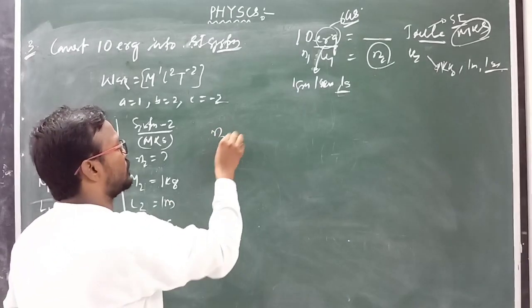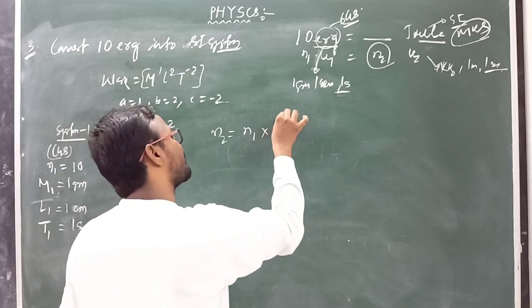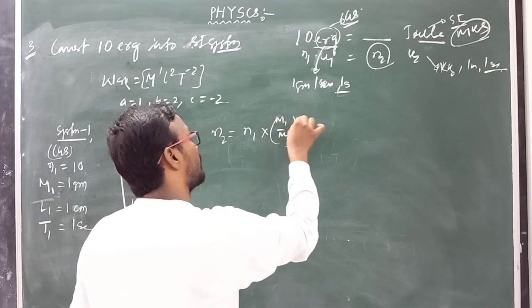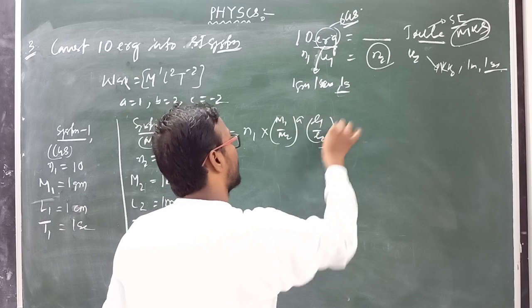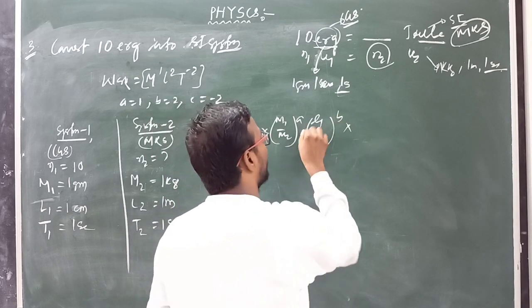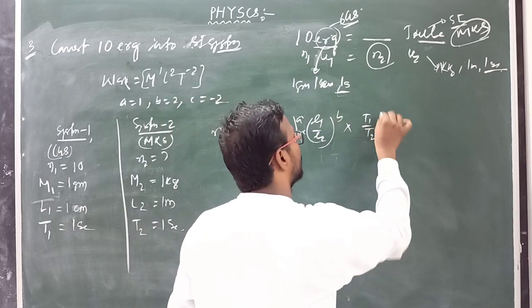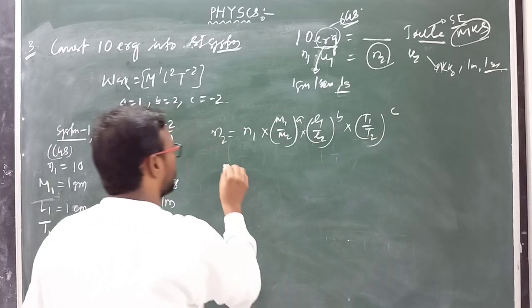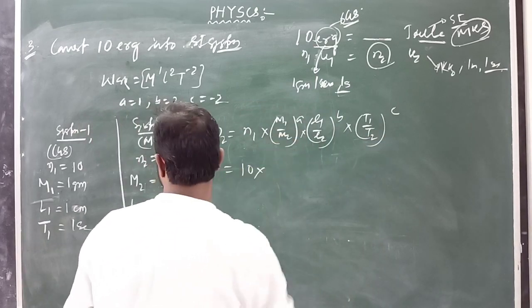Similarly you can find N2 equal to N1, M1 by M2 power A, L1 by L2 power B, and T1 by T2 power C. Now use the values: 10 into M1 by M2.